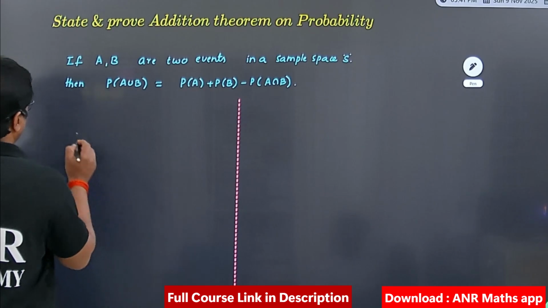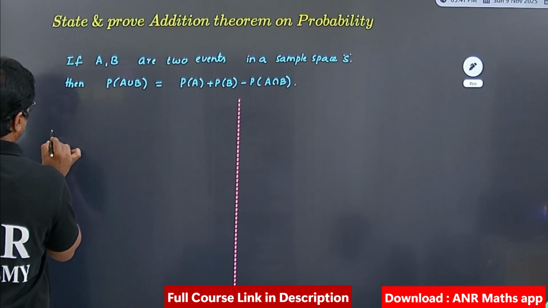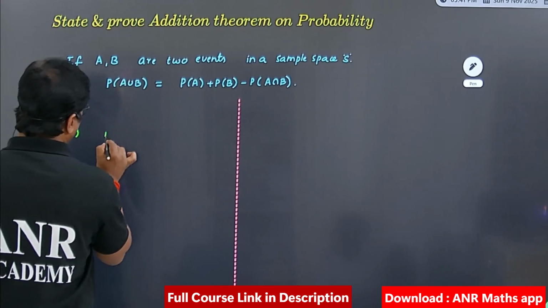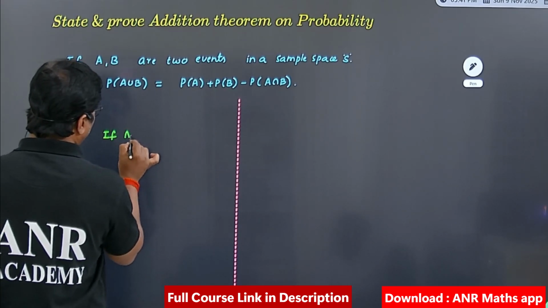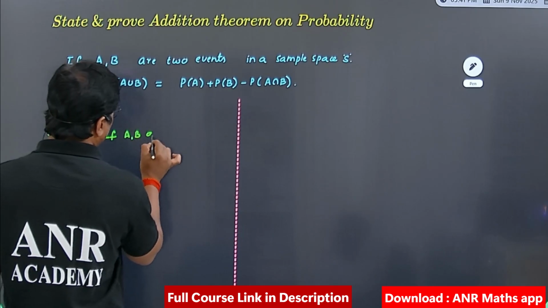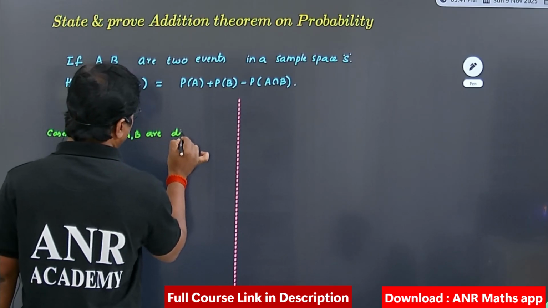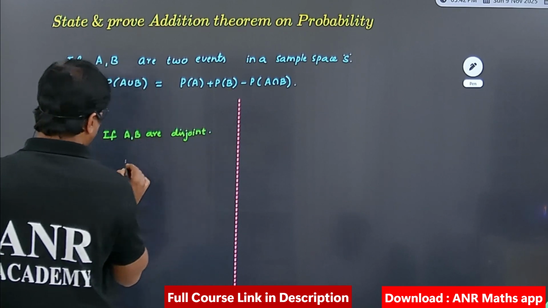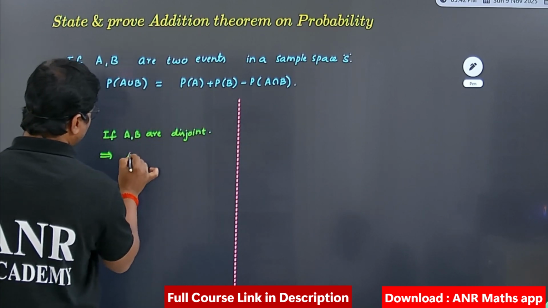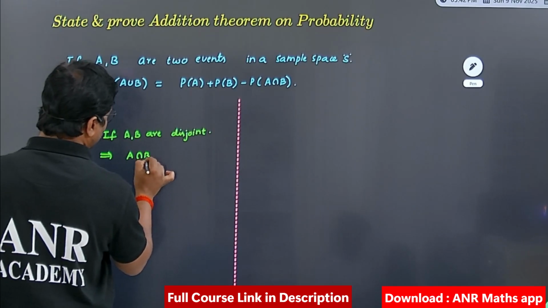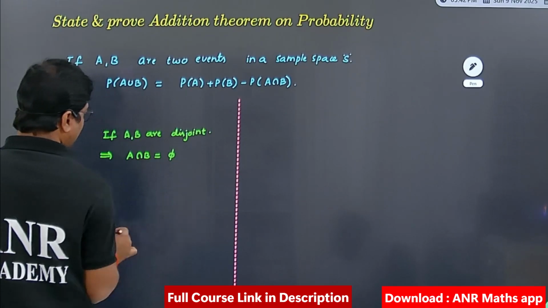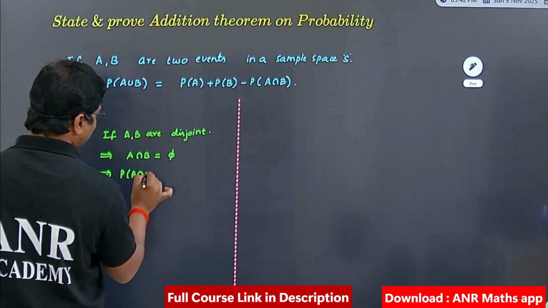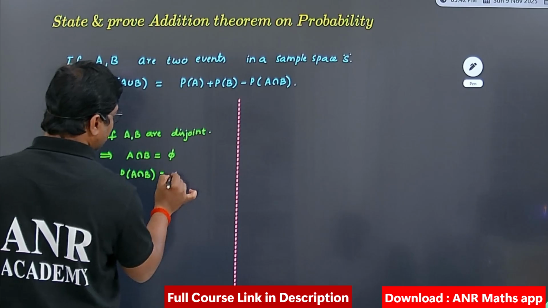Case 1: if capital A, capital B are disjoint sets, disjoint implies we can write their intersection part is empty. Implies automatically probability of A intersection B becomes 0.